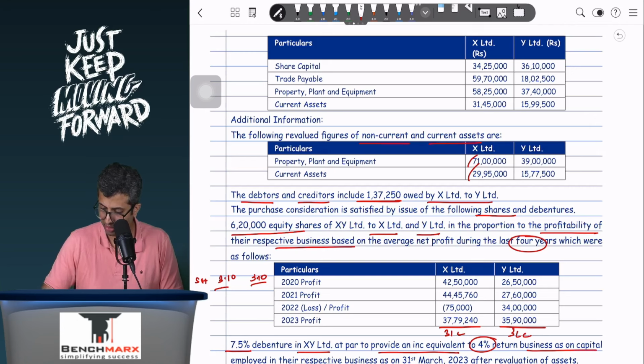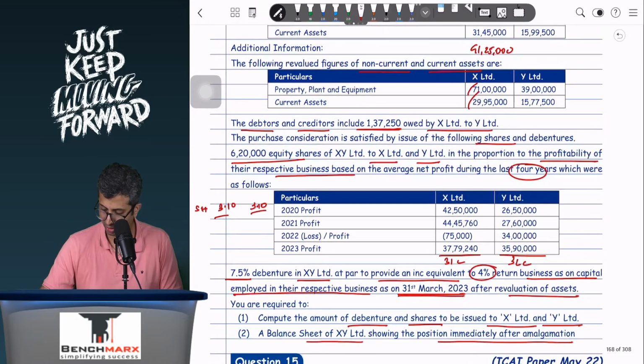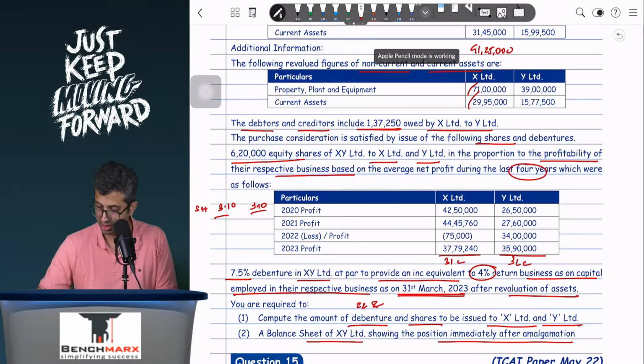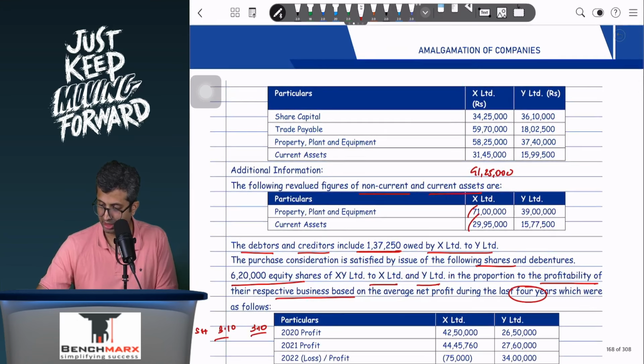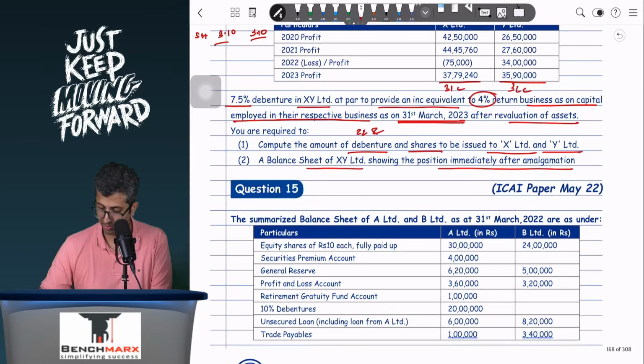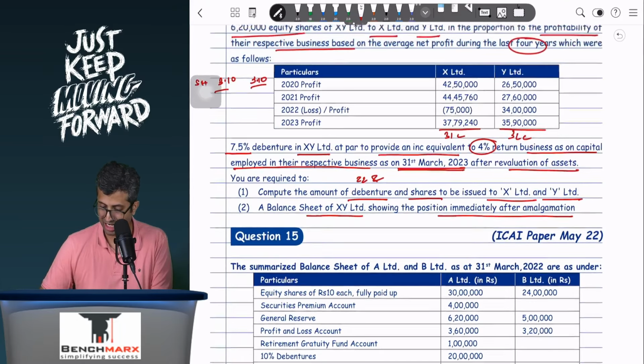This is 4125 into the rate of 4%. So this is 1,65,000 divided by 0.075, and hence this is 22 lakhs. Can I say this is debentures worth 22 lakhs? And over here, this is 39 lakhs plus 15 lakh 77,500 minus 18 lakh 2,500. This is around 3675 into 4% divided by 0.075, which comes to around 19.6.